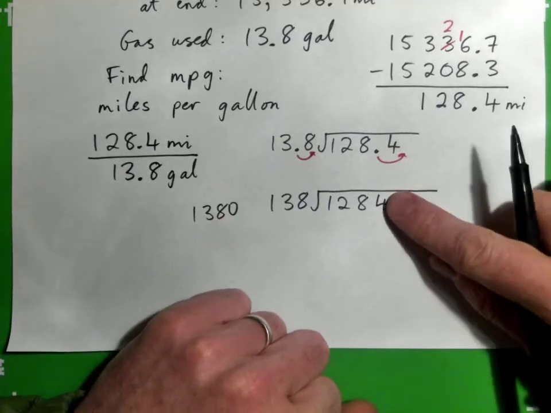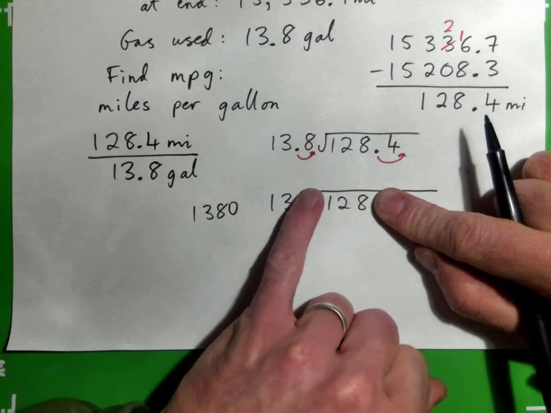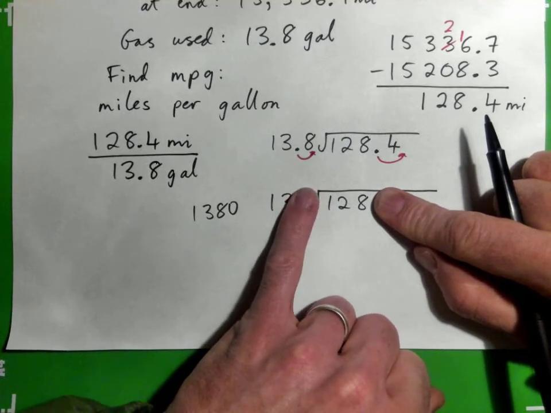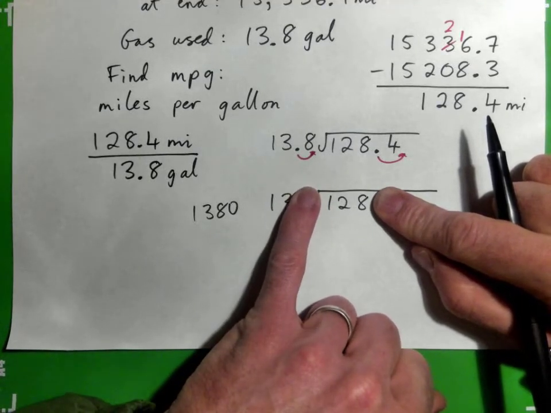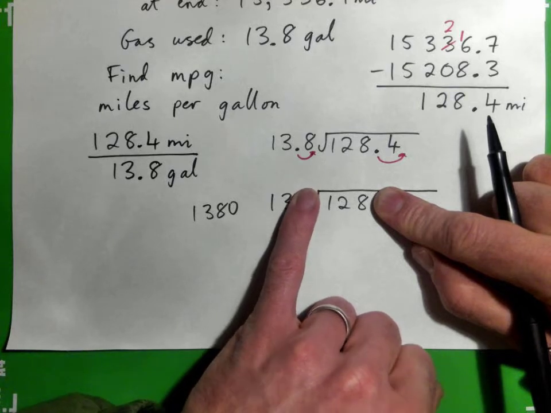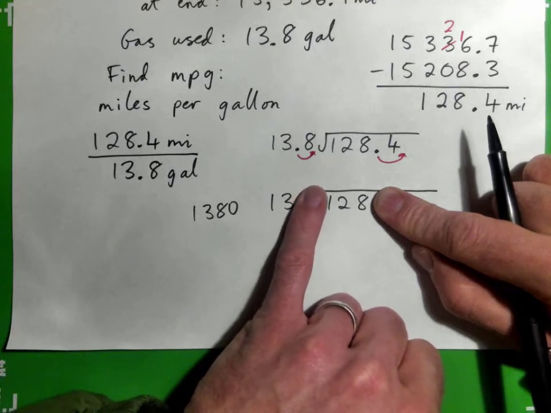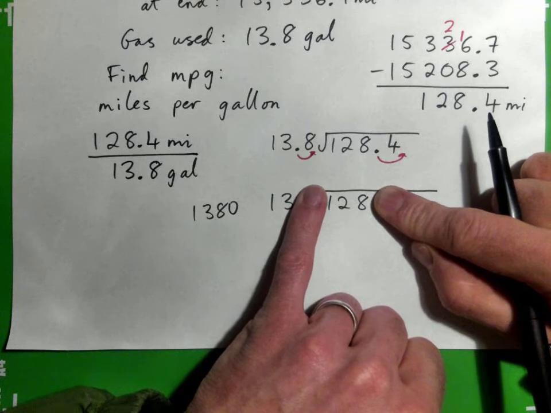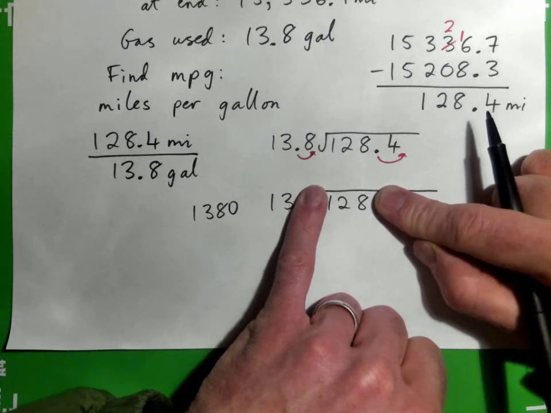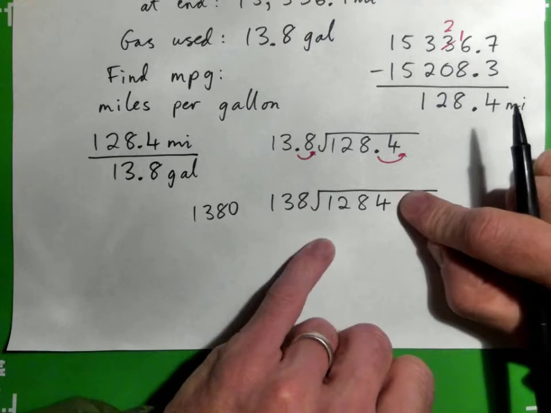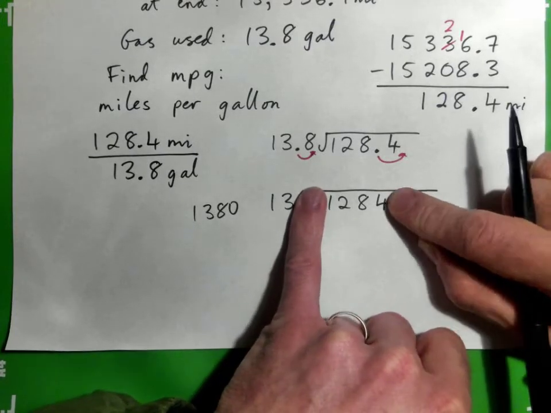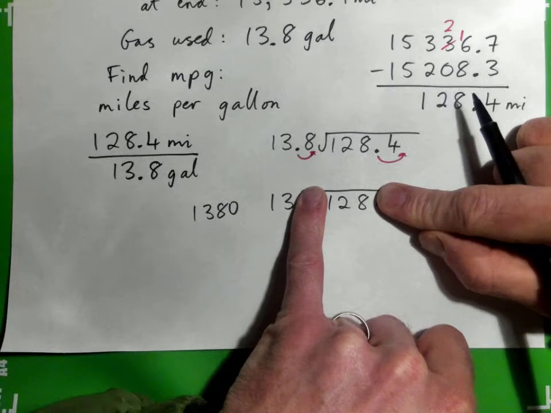The other way to do this is just hold off this number here and kind of, that's about 14. Like, what's 14 into 128? Or even 13 into 128 is approximately what? If you just cover off this digit and this digit, what's 13 into 128?